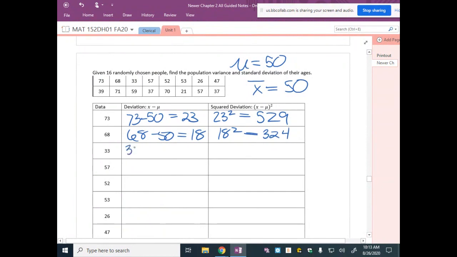Now, 33 minus 50, that will be negative 17. When we square a negative, we get a positive out of it. Negative 17 squared is going to be 289. So what I want you to do is find the remaining deviations and the squared deviations.